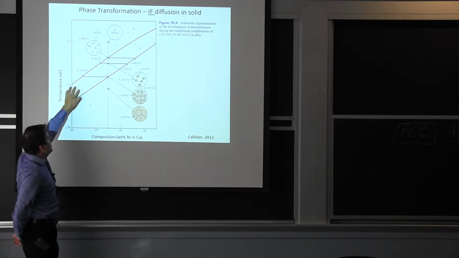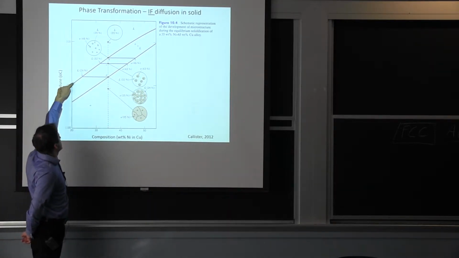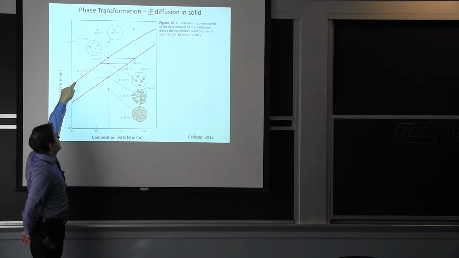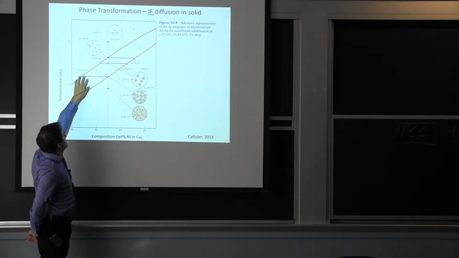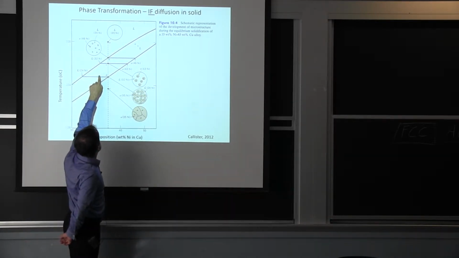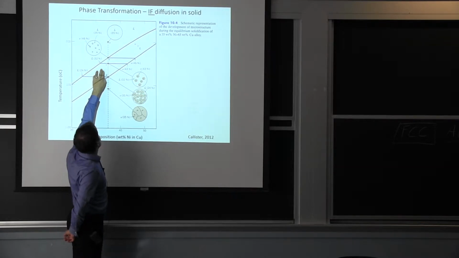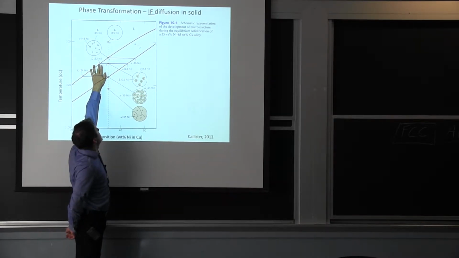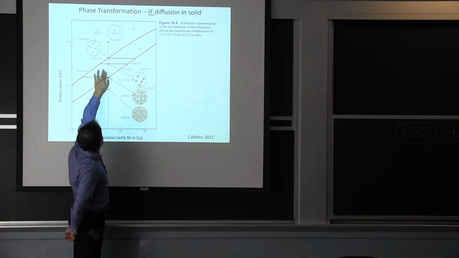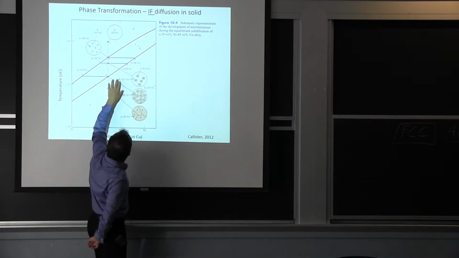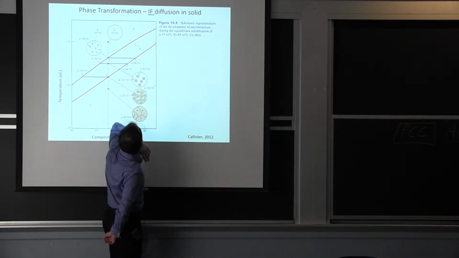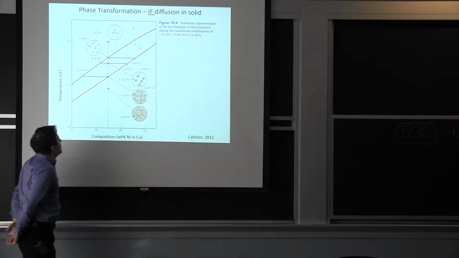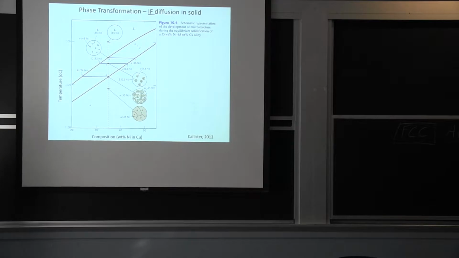So in that two-phase region, at a certain temperature, for example, at point C, the only equilibrium state is to have a liquid with this composition, so to have less nickel, and then you have this solid with higher nickel content. How does the material know that?